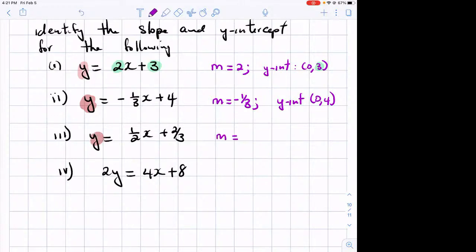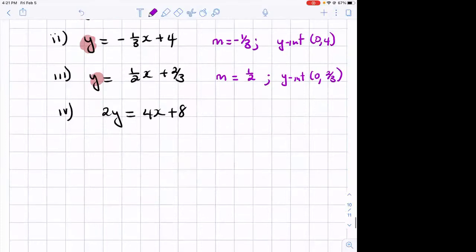So m is equal to 1/2. Okay? And the y-intercept is 0, 2/3. But in the fourth example, notice y is not by itself. So we must solve for y.